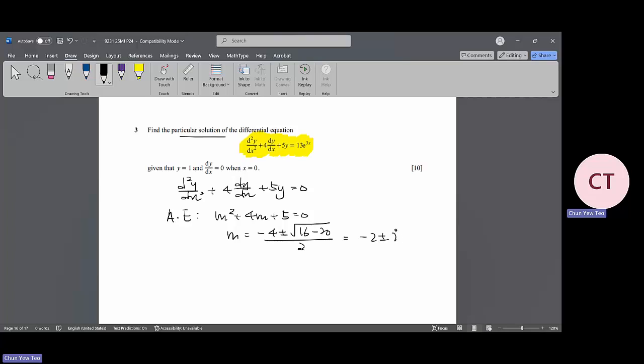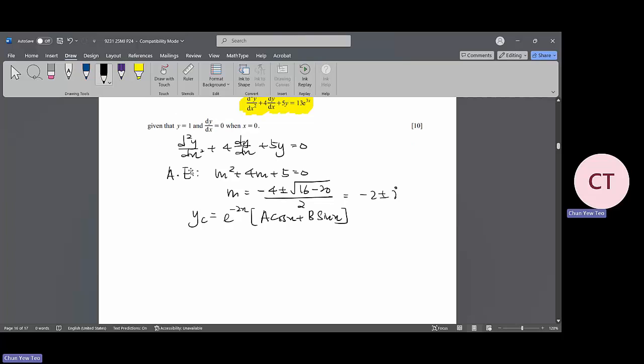Okay, so your complementary function, yc, will be equal to e to the power of negative 2x, A cos x plus B sine x. Okay, that is the complementary function. Now we want to go for the particular integral.